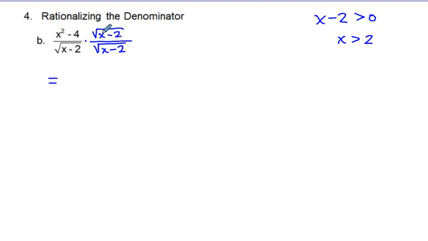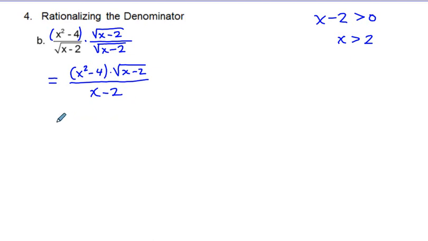And since we move this in place, we also have to put x squared minus 4 in parentheses. Okay, so what we have left is this value, x squared minus 4 times square root of x minus 2, and we're going to divide this by x minus 2.